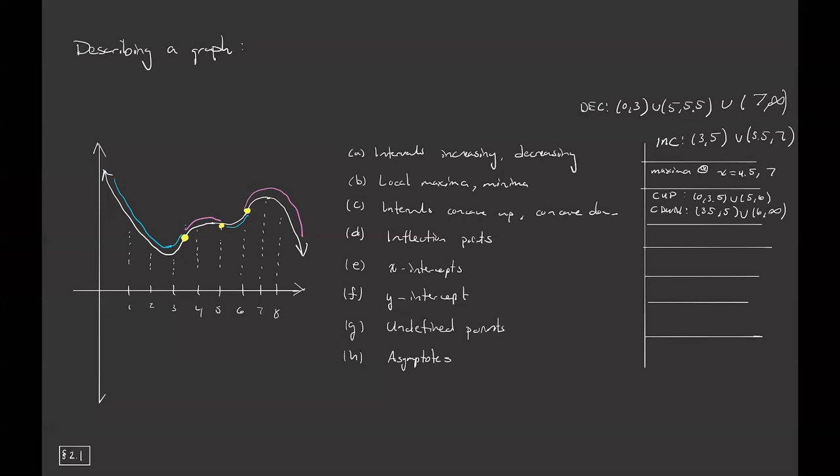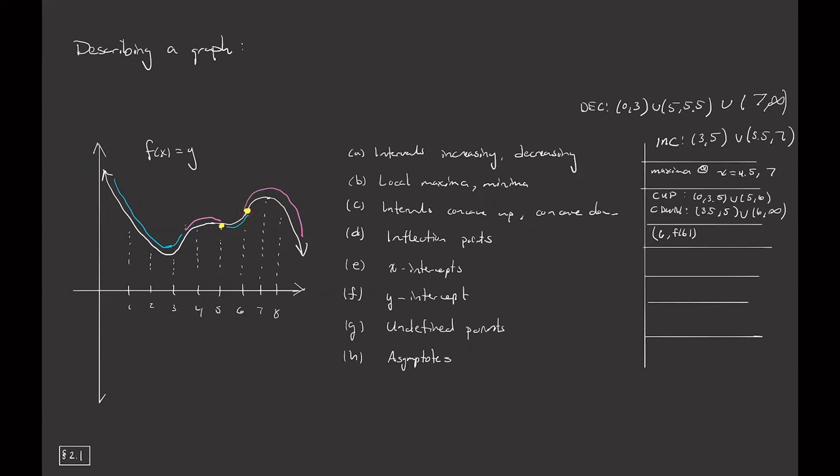Those 3 inflection points, they're going to have coordinates 6 and whatever the function value is at 6. So there's 6. Let's give this function a name. F of x is equal to y. So we have 6, f of 6. That's this one here.